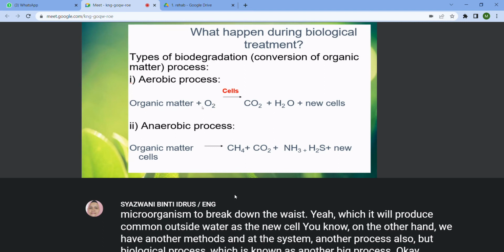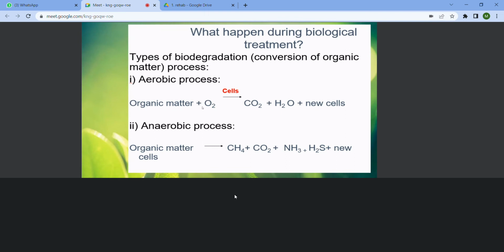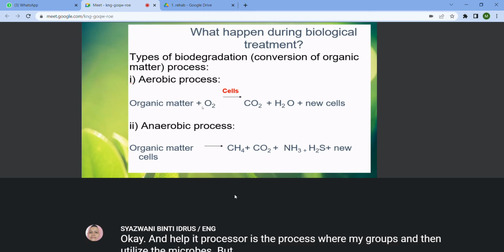The anaerobic process is the process where microbes still break down the waste, but in a condition where there is no oxygen at all.